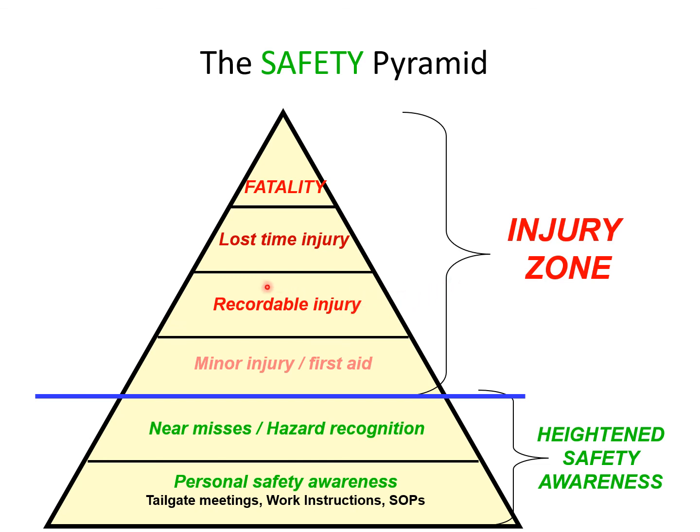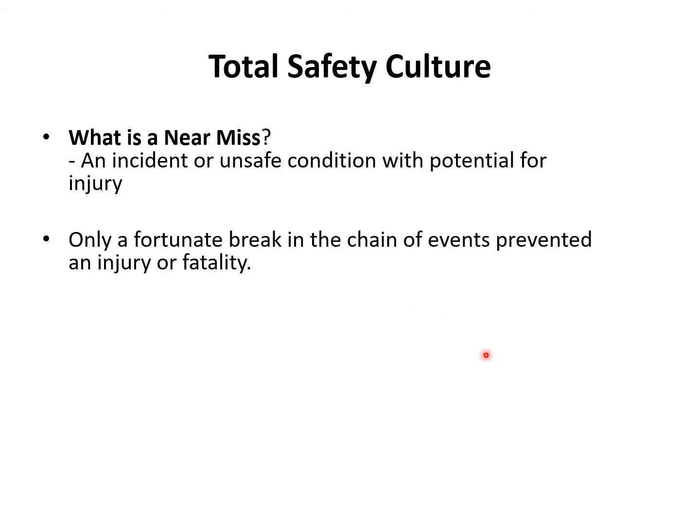And the upper level is the lost time injury. After that it is more dangerous and very critical. So this just shows the safety pyramid. In total safety, these levels are very important to highlight the benefits of safety.